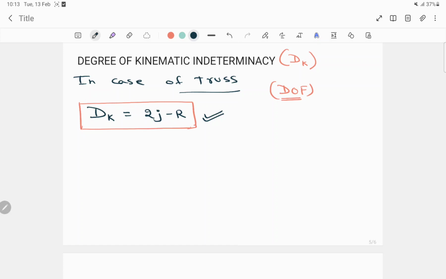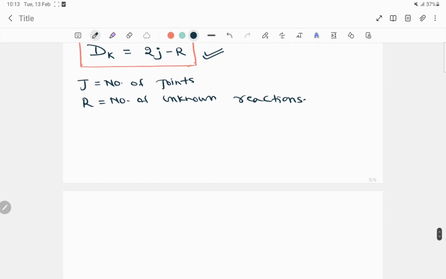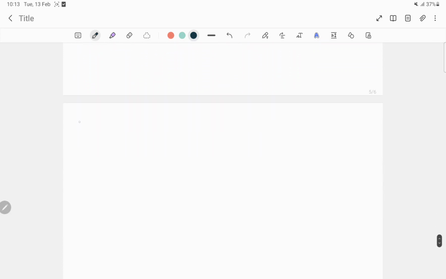Here j indicates the number of joints and r indicates the number of unknown reactions. Now I'll take one example of a truss, example number 1.